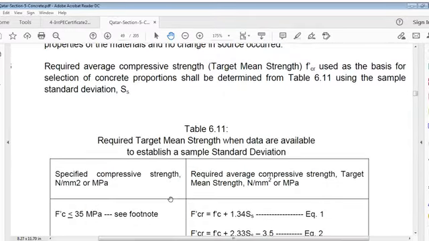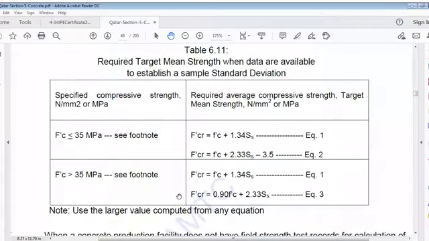Required average compressive strength, target mean strength f'cr, used as basis for selection of concrete proportions, shall be determined from Table 6.11 using sample standard deviation Ss.